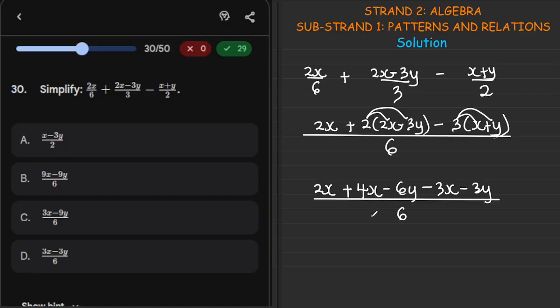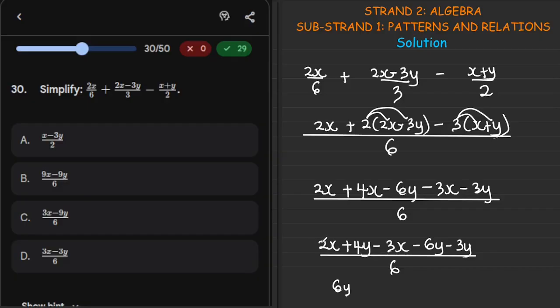Now we group like terms, the x's and the y's. So we have our 2x plus 4x minus 3x. Remember, we move everything with its sign. So minus 6y minus 3y, all over 6.